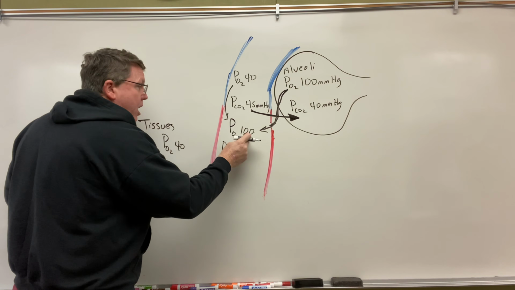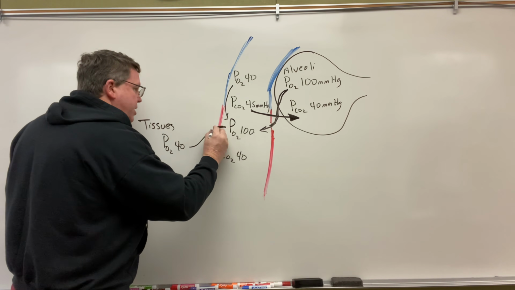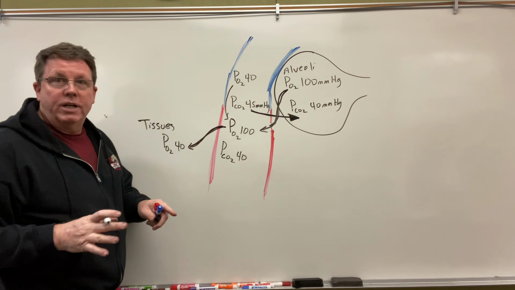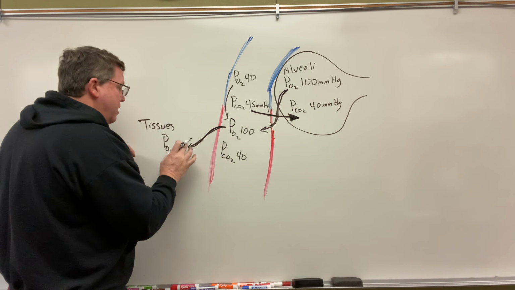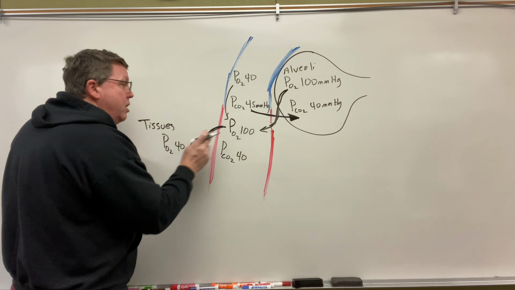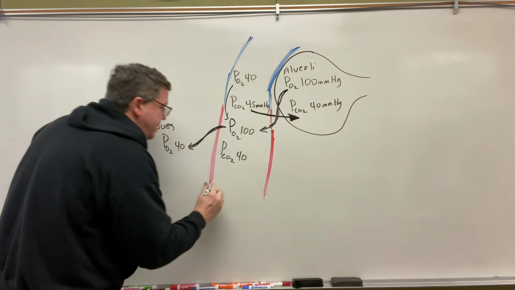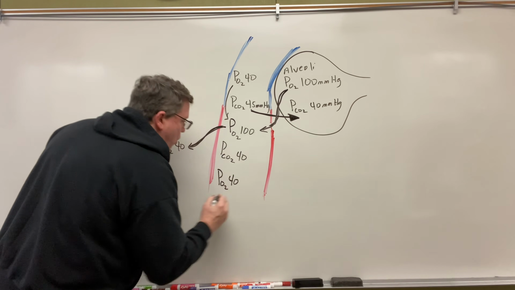Once again, 100 is higher than 40. So the oxygen is going to come out and basically go to equilibrium. So now my pressure of oxygen is going to match this, and it's back to 40.